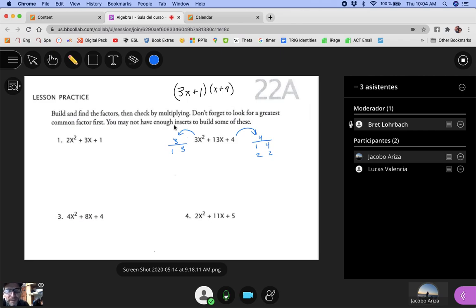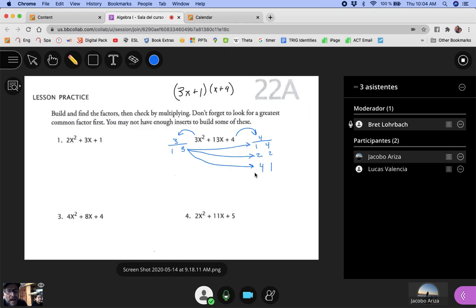So, how many possibilities are there? I can do this combination times that, or this combination times that. Or I can change the order. Okay? So there's really 3 possibilities.